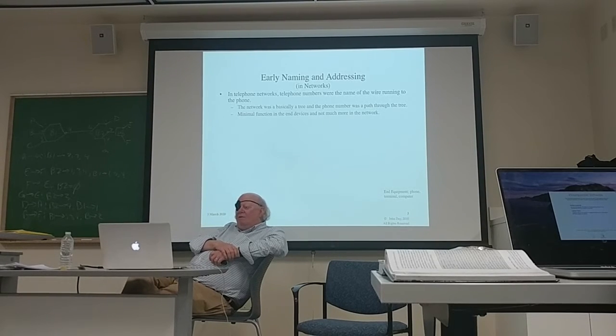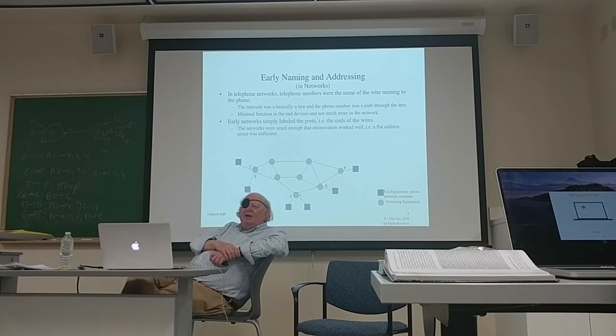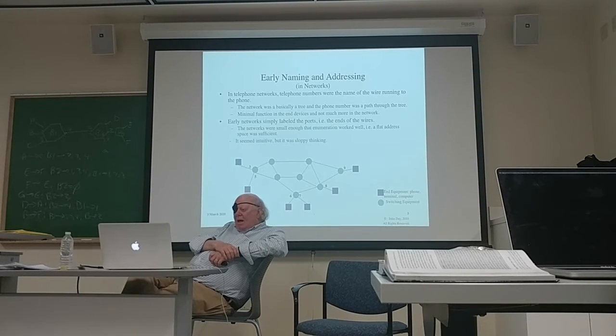There was minimal function in the end devices, and not much more in the network. Early networks simply labeled the ports as the address. Okay, that's all they did. And so it seemed intuitive, but it was really sloppy thinking.